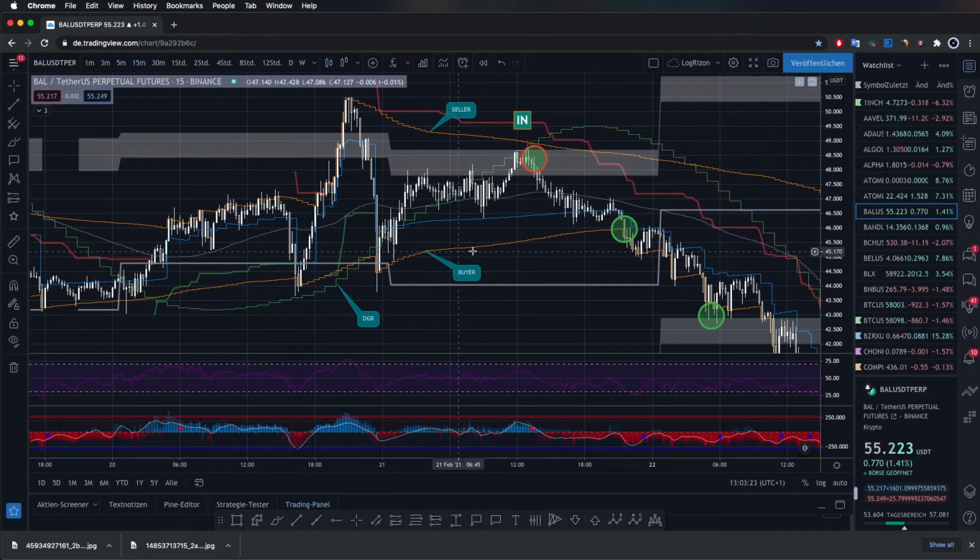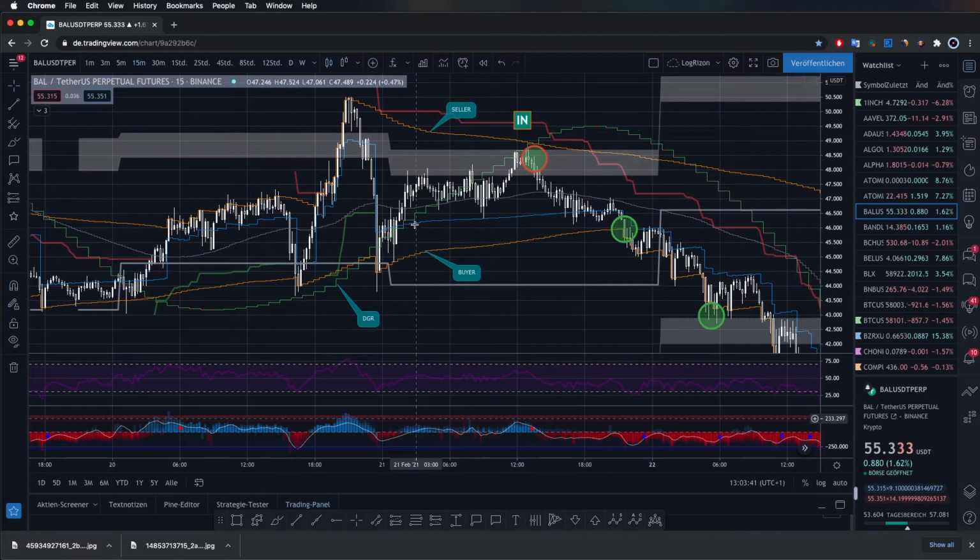So at this point, when the price is coming down to this point, in the 50-minute time frame, the buyers are waiting to buy, and here at this line, when the price is hitting it, the sellers are sitting.